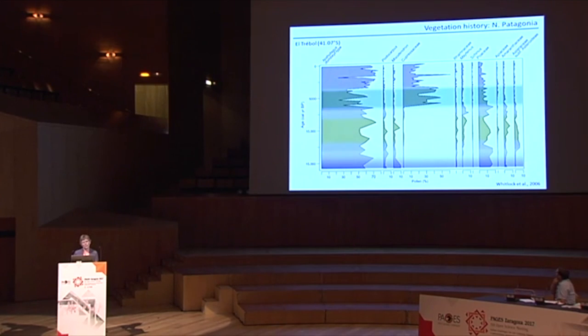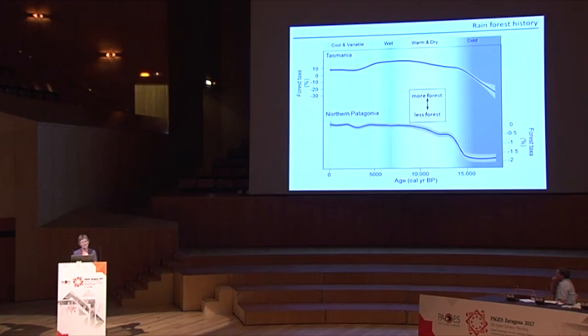And then you go into a wetter phase, which is characterized by Austrocedrus expansion in this region. Austrocedrus is very sensitive to summer precipitation. It requires summer precipitation. And then in the late Holocene, you get this trade-off between Austrocedrus and Nothofagus bouncing back and forward again. So the climate is more variable.